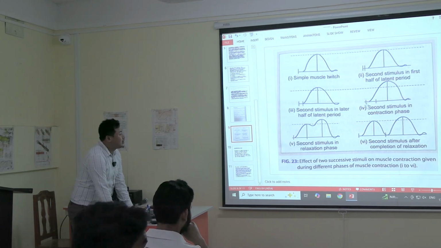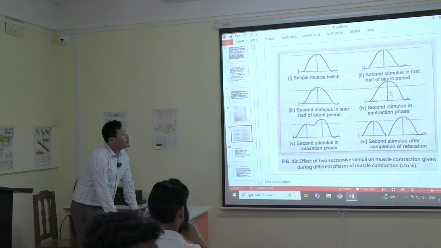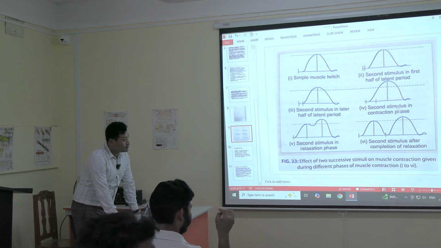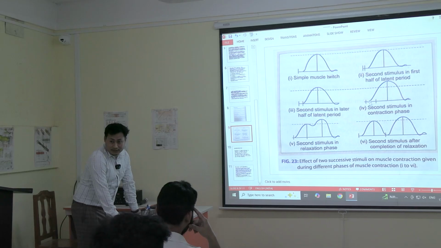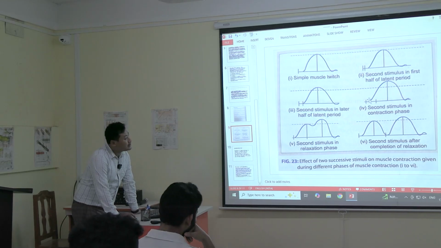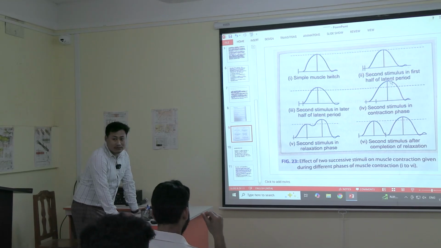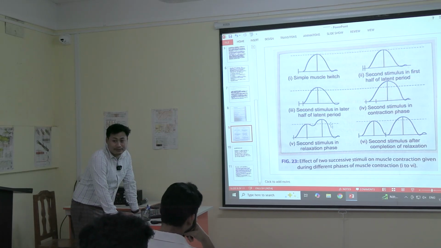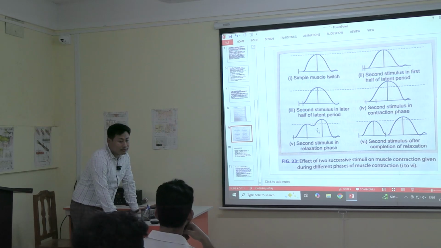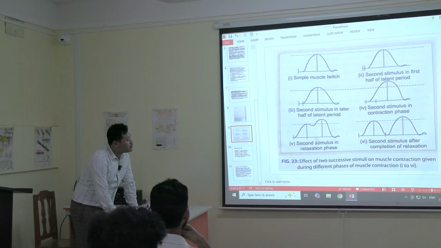Similarly, what if we give the second stimulus in the contraction phase? There will be a decrease in the latent period first, and then an increase in the height of contraction. Now, what you will see in this graph: this stimulus is given in the relaxation phase, but the muscle was not relaxed properly.